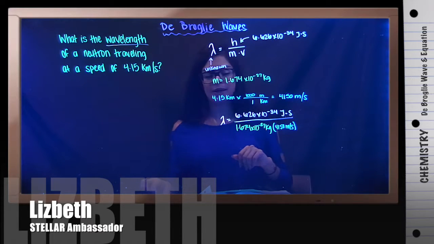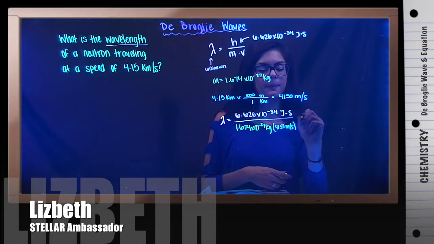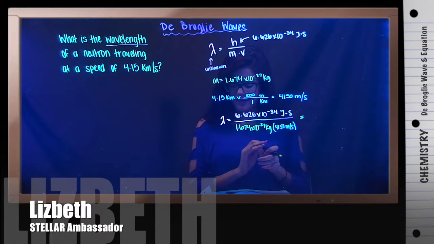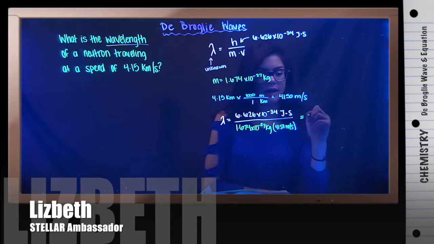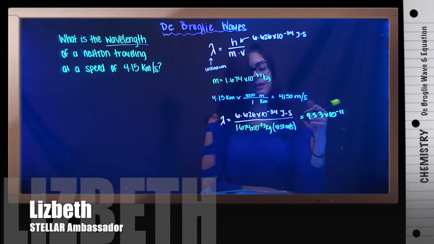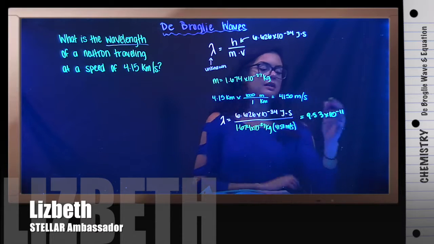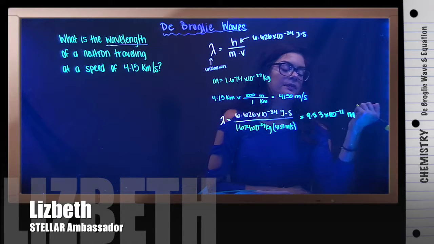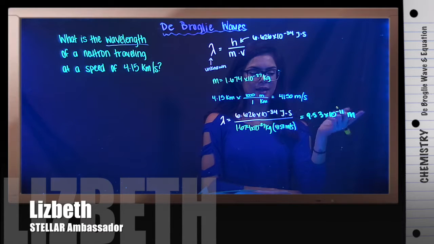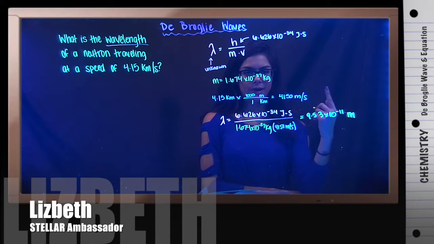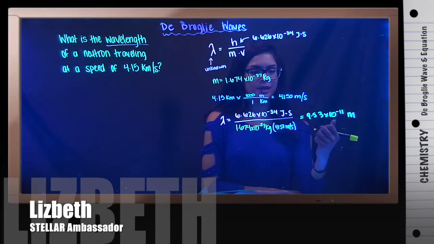So when you plug all that into your calculator, you're going to find that you get 9.53 times 10 to the negative 11, and that's going to be in meters because this guy's in meters. But usually they don't want it in just meters, so I went ahead and converted to nanometers because that's usually what wavelength is measured in.